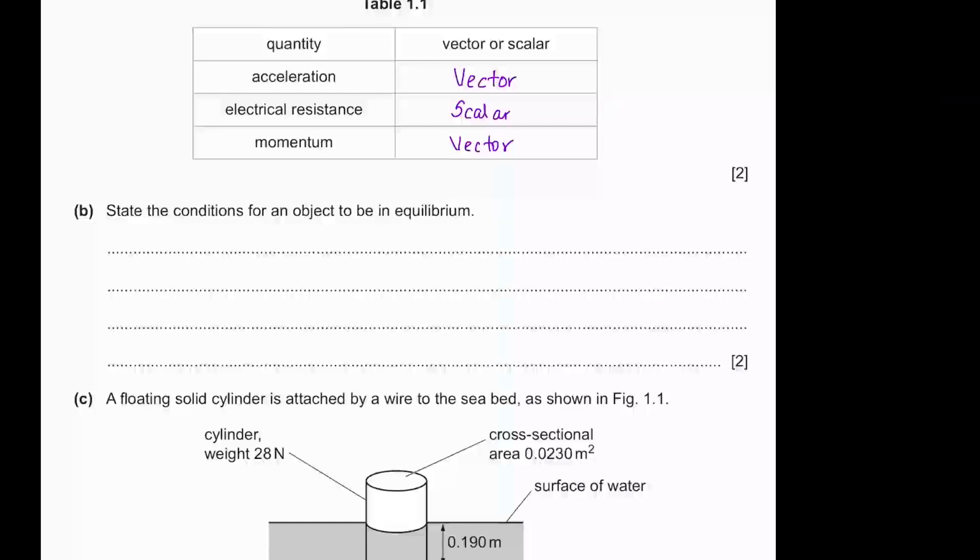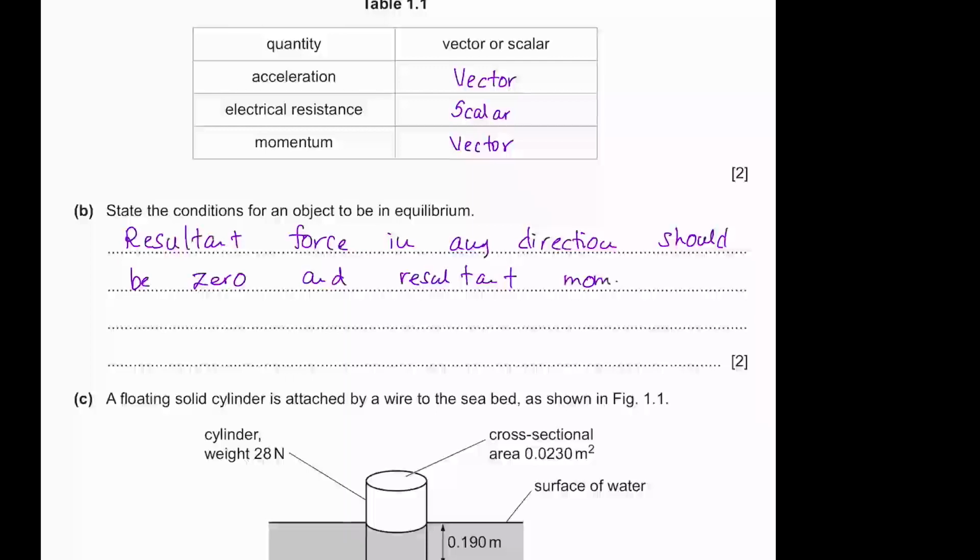So you can say resultant force in any direction should be zero, and resultant moment about any point should be zero. Those are the two conditions required for an object to be in equilibrium.